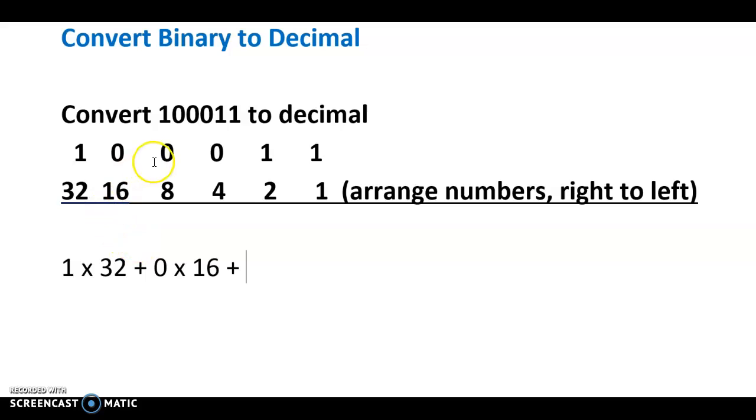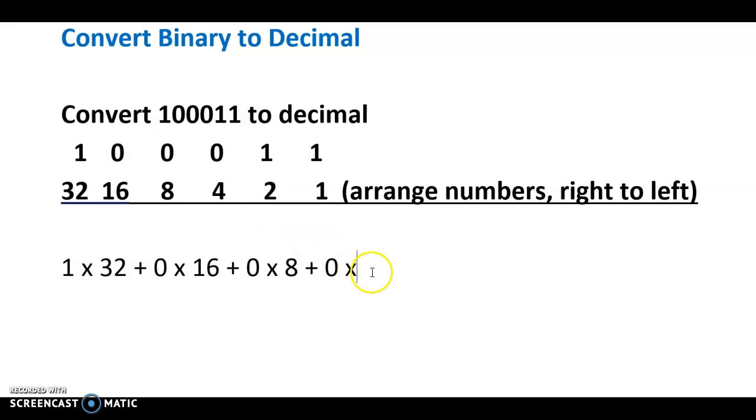Similarly, the third number in the first row is 0 multiplied by the third number in the second row, which is 8. You can see that where there are 0s in the first row, they do not contribute, because you're multiplying by a 0.